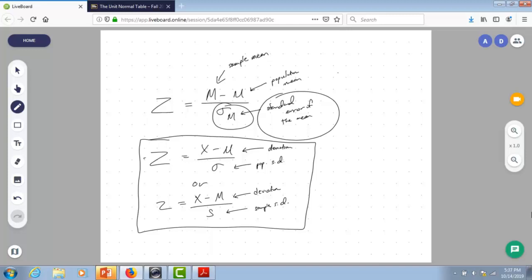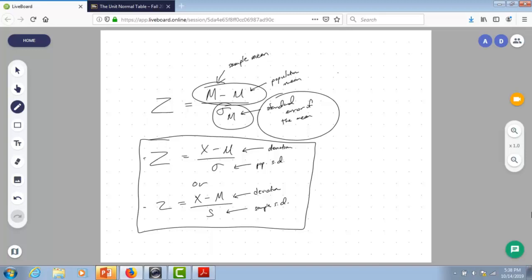Now, look at how similar these two z-score formulas are to this z-score formula for converting a sample mean into a standardized unit. In the numerator, we have something that resembles a deviation, but it's a bit different. We have a sample mean, and the population mean is subtracted from it.